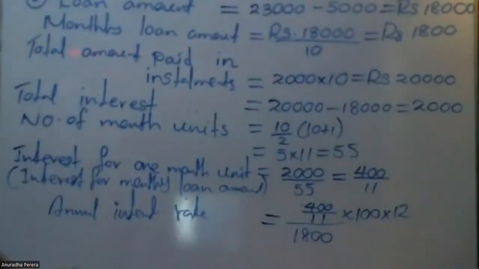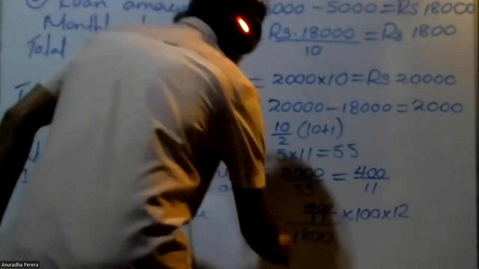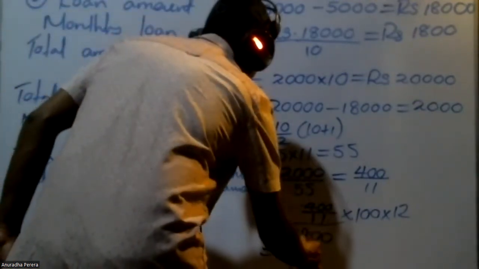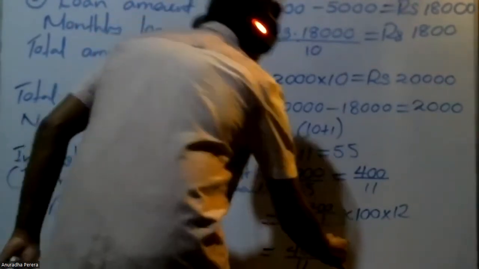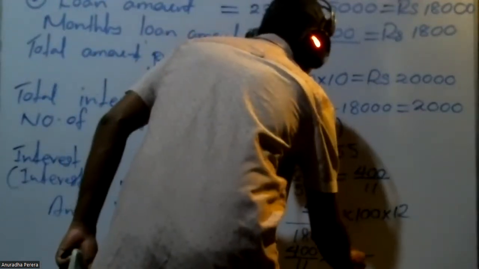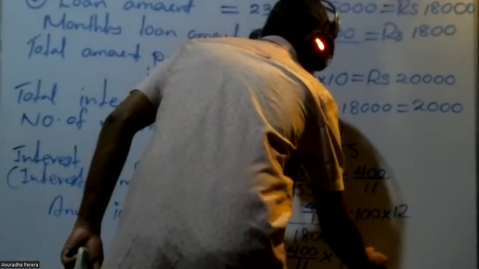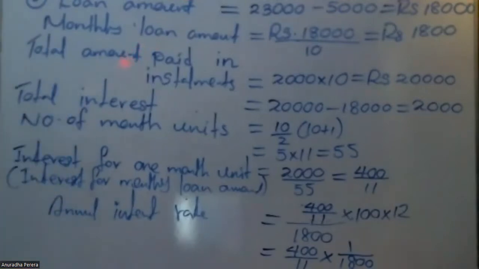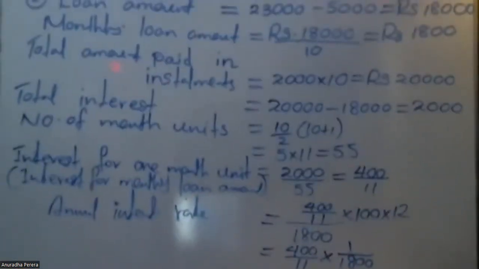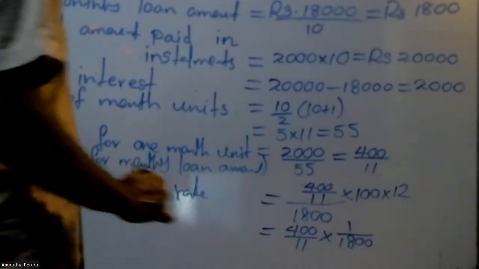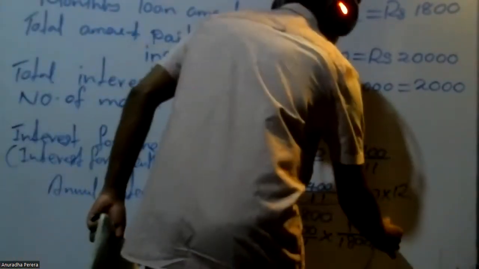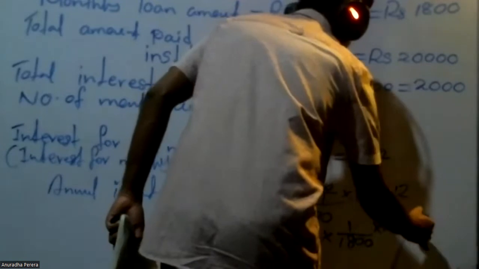Simplify this. 400 over 11 divided by 1,800, into 100 to 12.